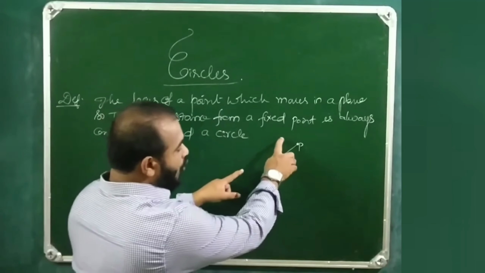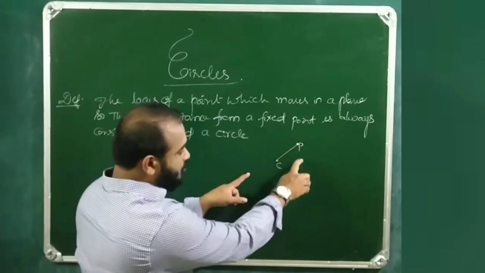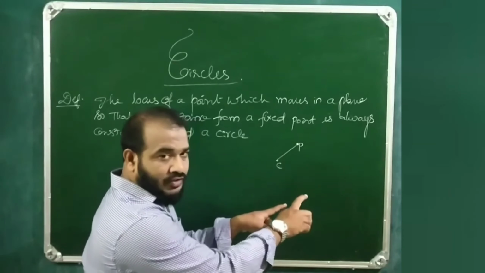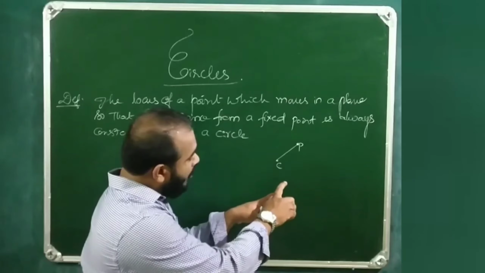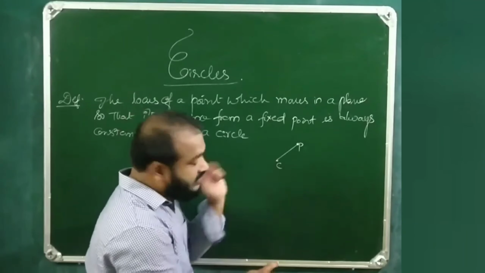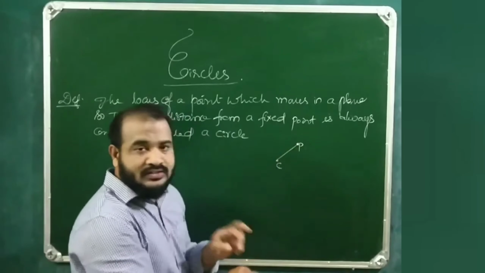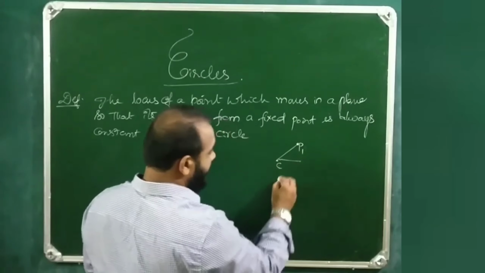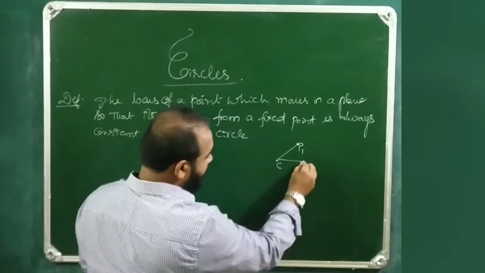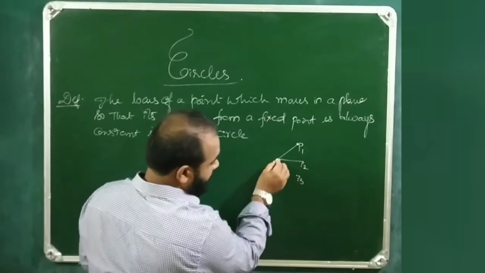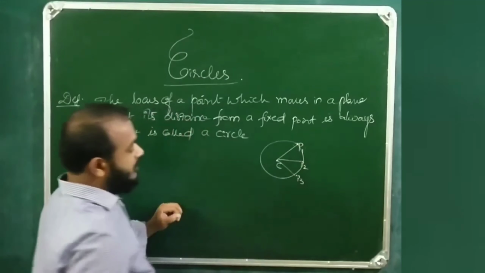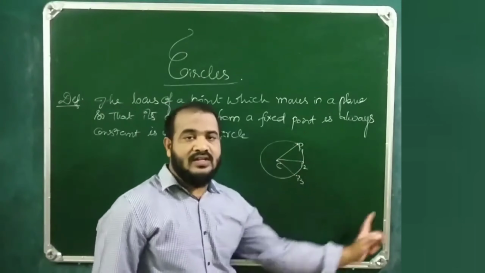So the locus of all such points, the set of all such points, all of them are at a constant distance from a fixed point, is called the circle. For example, if you consider this point, and if you consider this point, so all of them, if you join, then the figure so obtained is called the circle.